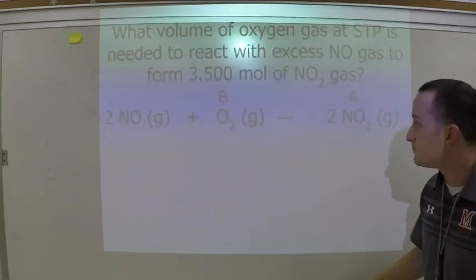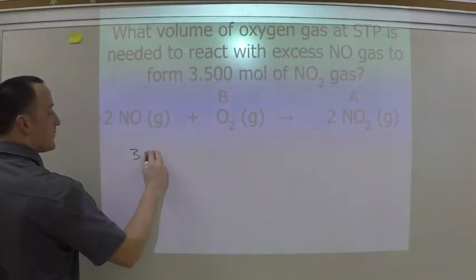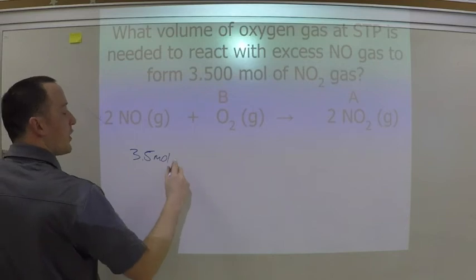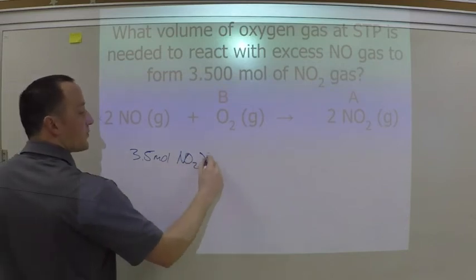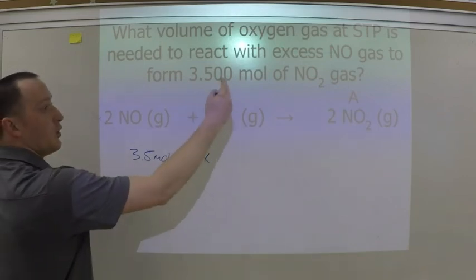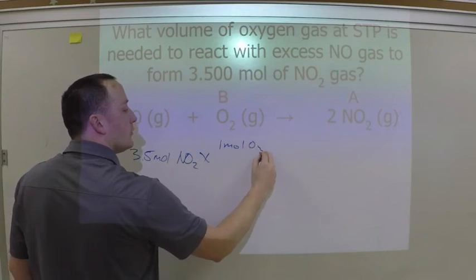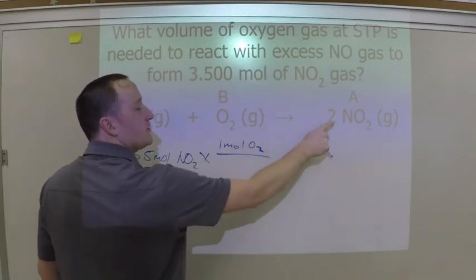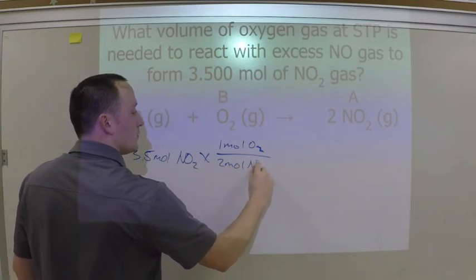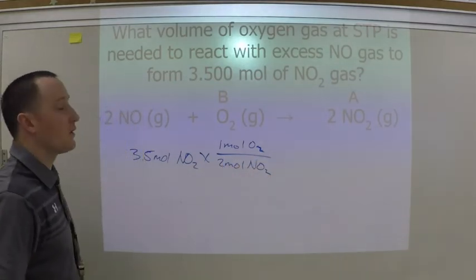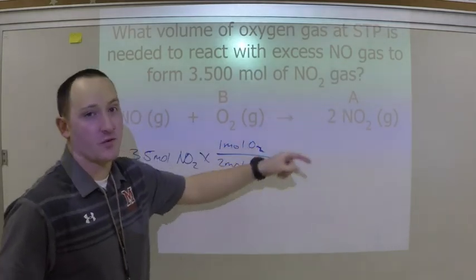So here we go. So I have 3.5 moles of NO2, and I'm going to multiply by my mole ratio, which is B over A. So I have 1 mole of O2 for every 2 moles of NO2. Remember, it's always substance B, which is O2, over substance A. Don't forget that.